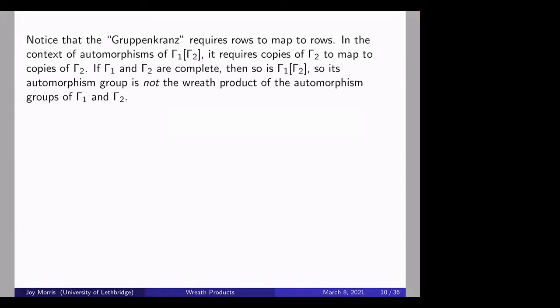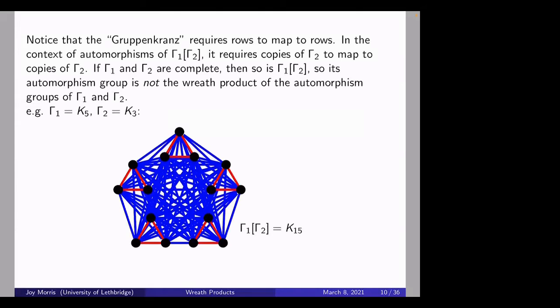And then its automorphism group will not be the wreath product of the automorphism groups of the two graphs. So for example, here, if I had gamma 1 being K5 and gamma 2 being K3, then I end up with a complete graph. The lexicographic product of gamma 1 and gamma 2 is the complete graph on 15 vertices. And I could, for example, interchange these two vertices while leaving everything else the same.